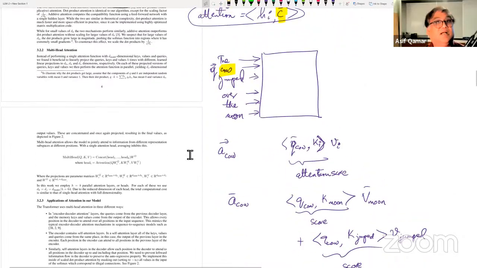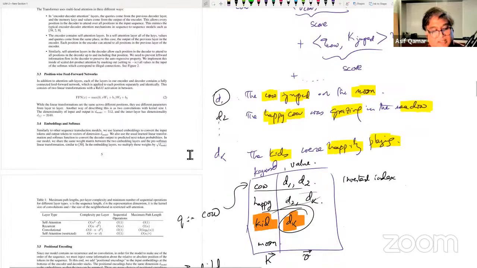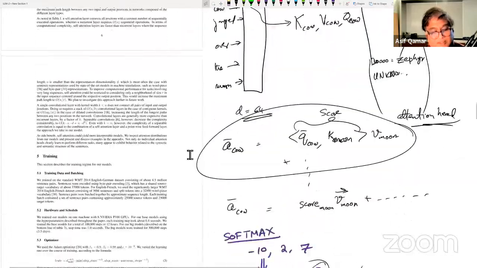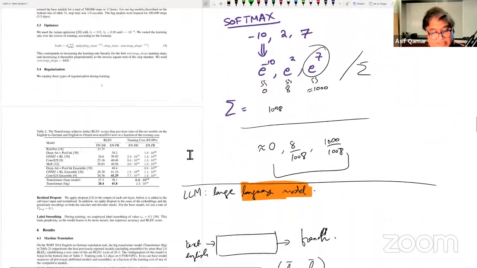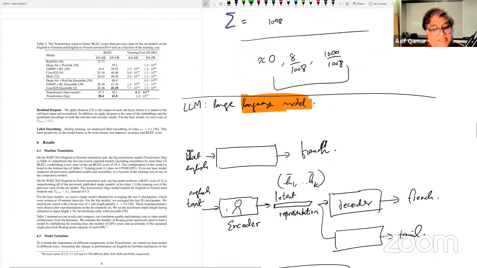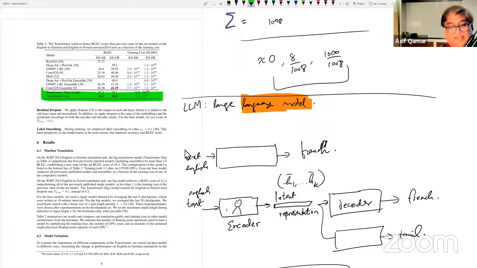I invite you to go read this paper, and you will get it. The interesting thing is, look at the results. Look at the results. BLEU is a benchmark, right, for translations, English to German, English to French, and so on and so forth.